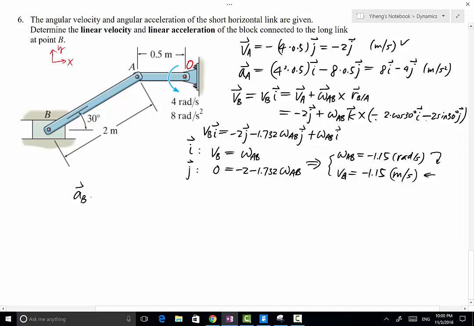So AB, again, we know the direction has to be horizontal, along the x direction. So AB only has the component of the I direction.